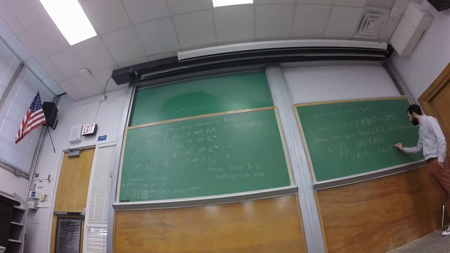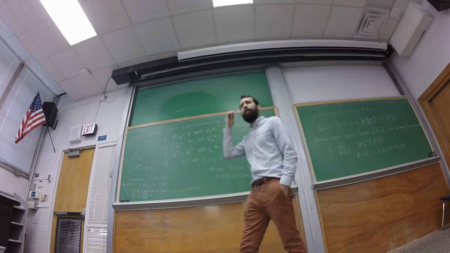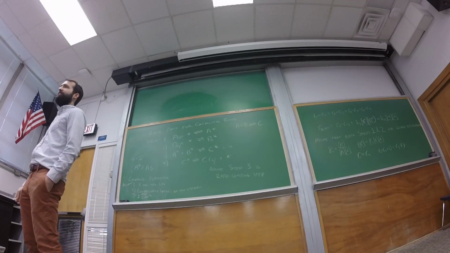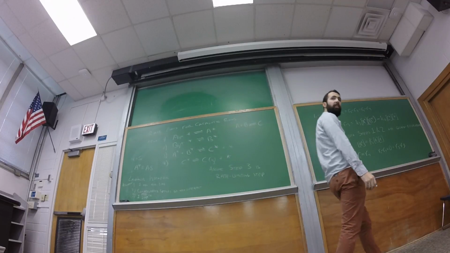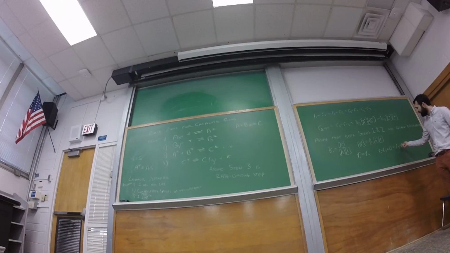But I said that that was also equal to the difference in these two rates. So is my net rate 0? How can all of these things be true at the same time? No, I mean if this is true, then this is certainly true, and then my net rate is 0, so I'm not doing any chemistry.